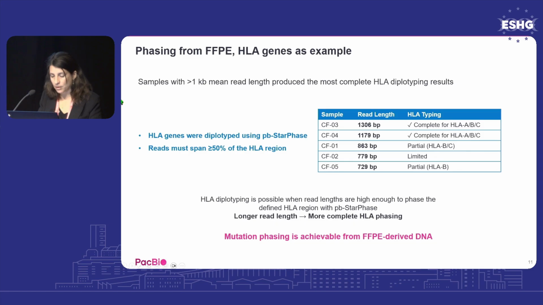On the table, you can see again the 5 samples that we sequenced, ordered by read length. It's pretty clear that the longer the read lengths are, the better the phasing is. But really for us, it's demonstrating that it's possible to phase a sample from FFPE DNA, which is a real advantage.